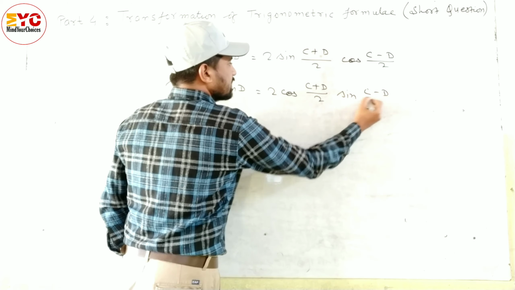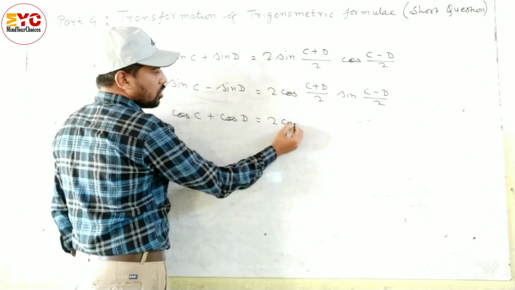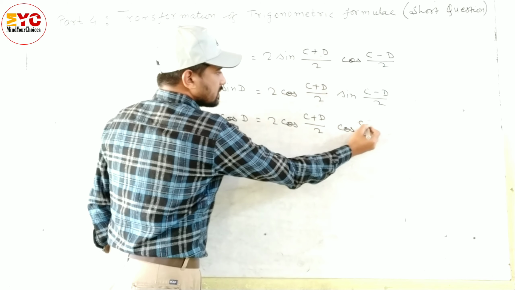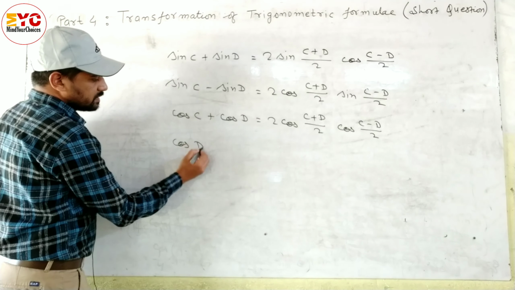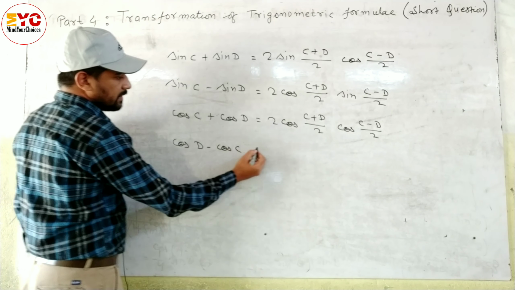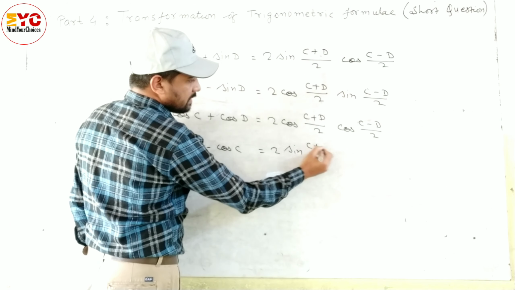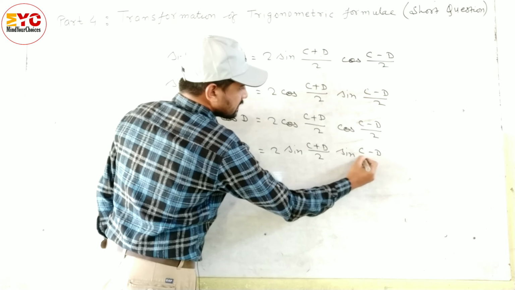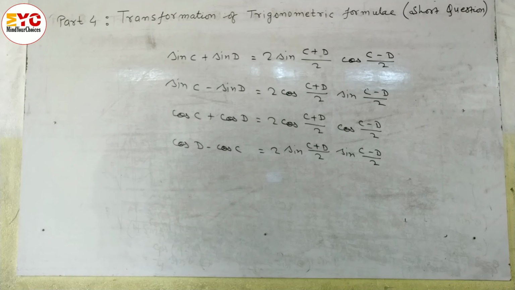Similarly, cos C plus cos D is 2 cos C plus D by 2 cos C minus D by 2, and cos D minus cos C is 2 sin C plus D by 2 sin C minus D by 2. Now look once properly, then I will teach you tricks to remember these formulas.